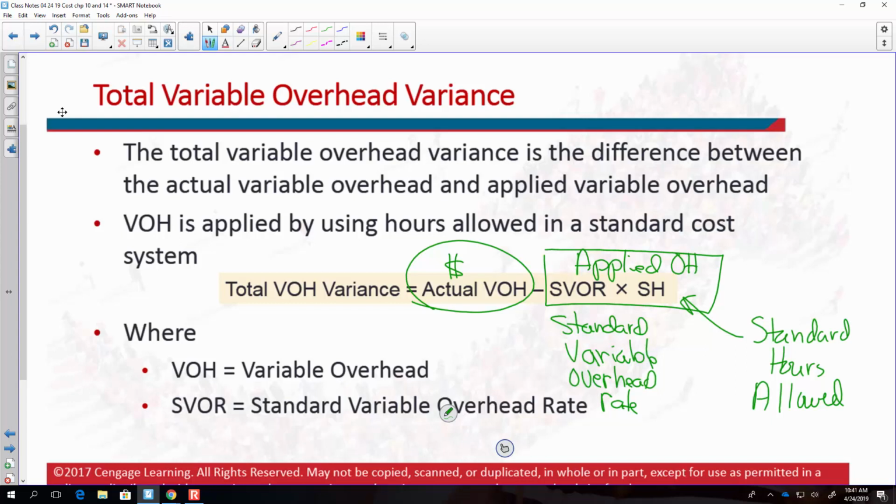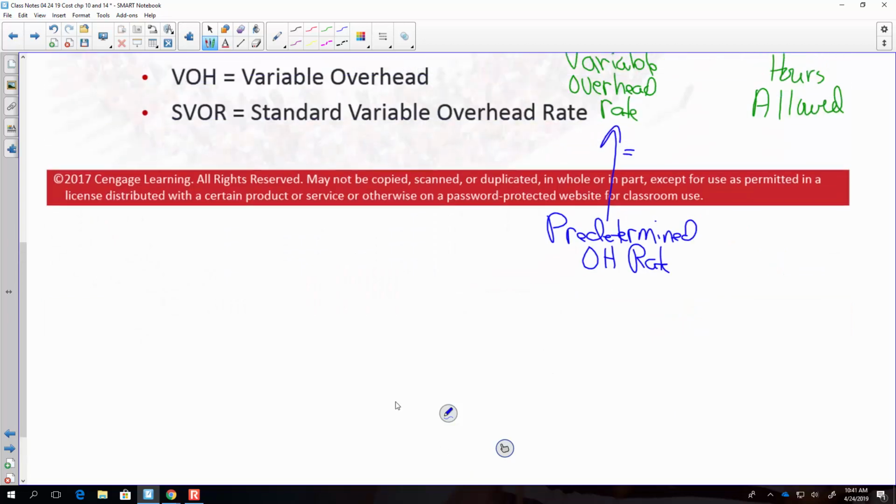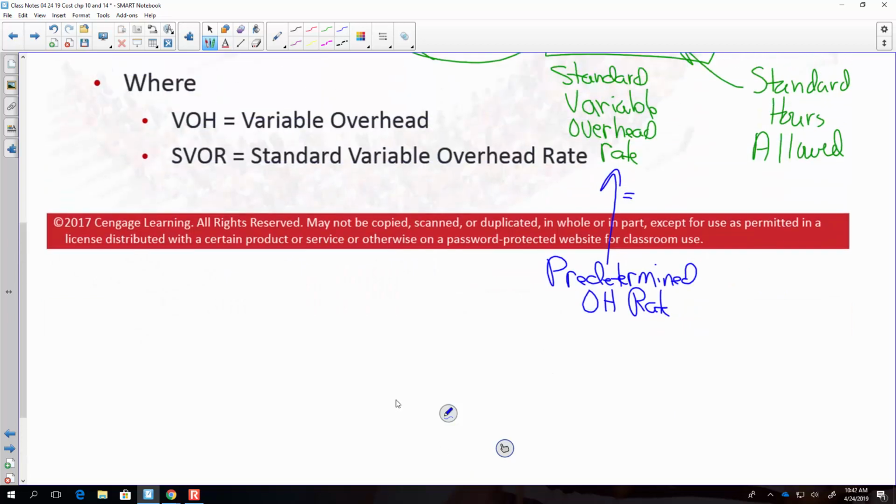Now, back in chapter 4, we had another name for this SVOR. It was called the predetermined overhead rate. So SVOR and predetermined rate are the same thing. So we will again have to compute the predetermined rate.